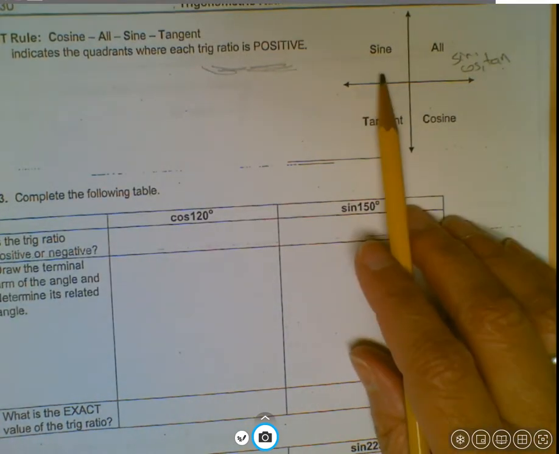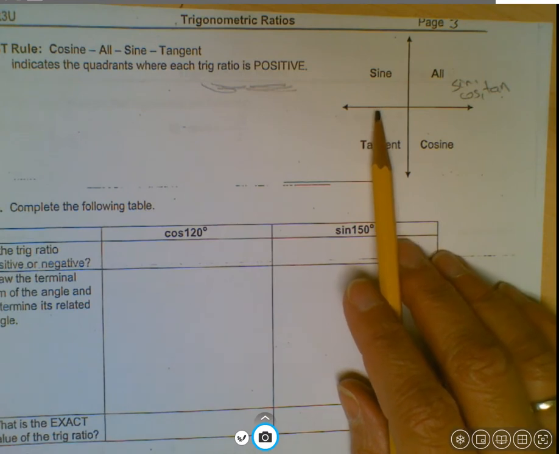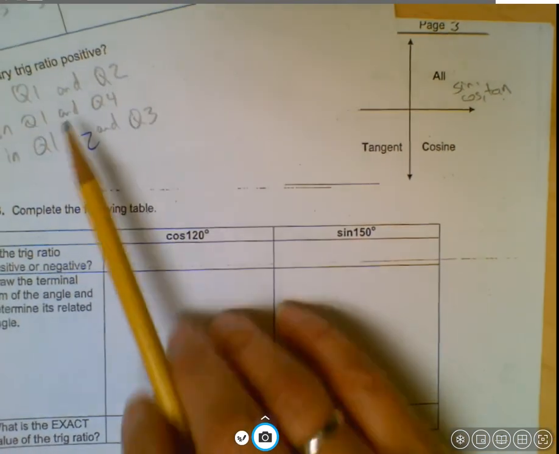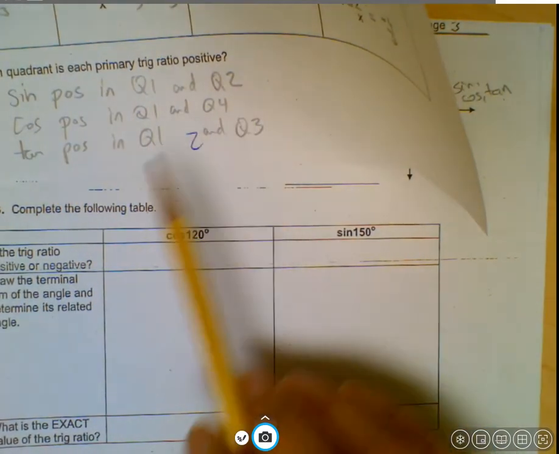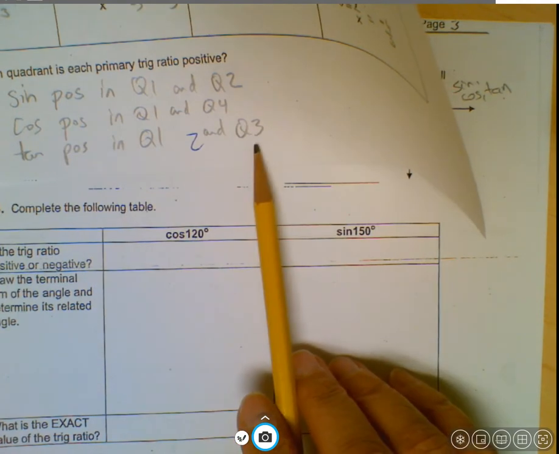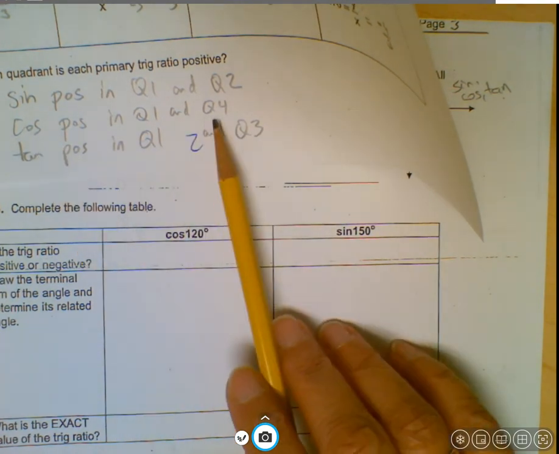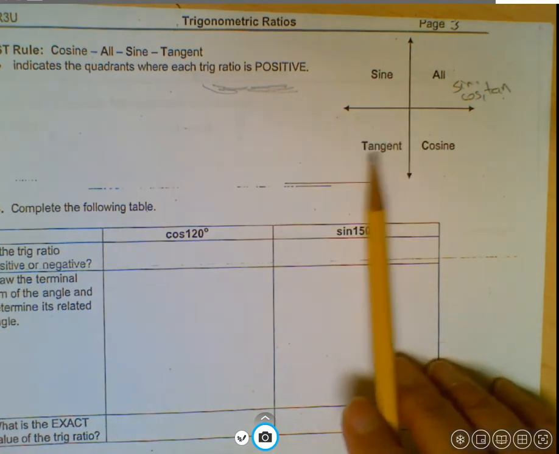And then it tells you that in quadrant 2, only sine is positive. Quadrant 3, only tan is positive. And quadrant 4, only cosine is positive, right? So that's what it's telling you. It's telling you which one is positive.